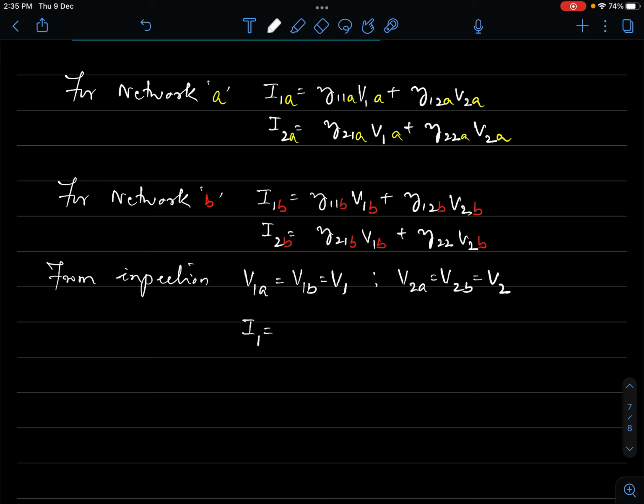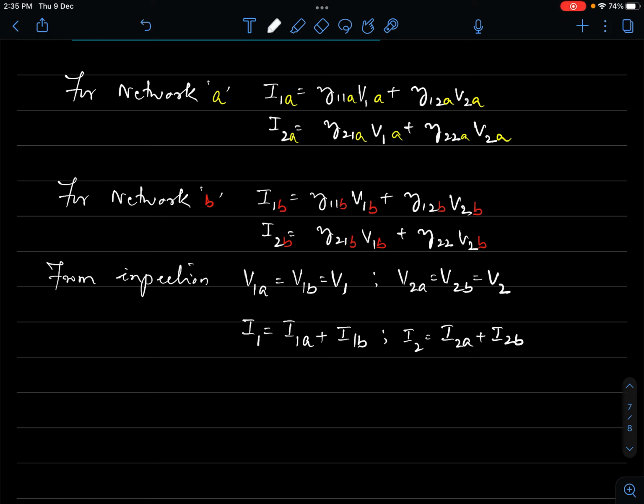And another relationship is the overall current I1 can be seen as the combination of these two currents, that is I1A plus I1B, and the current I2 is the sum of the two currents I2A plus I2B. In a parallel combination, it is the voltage that is equal, and the current would split. This is a simple parallel connection.